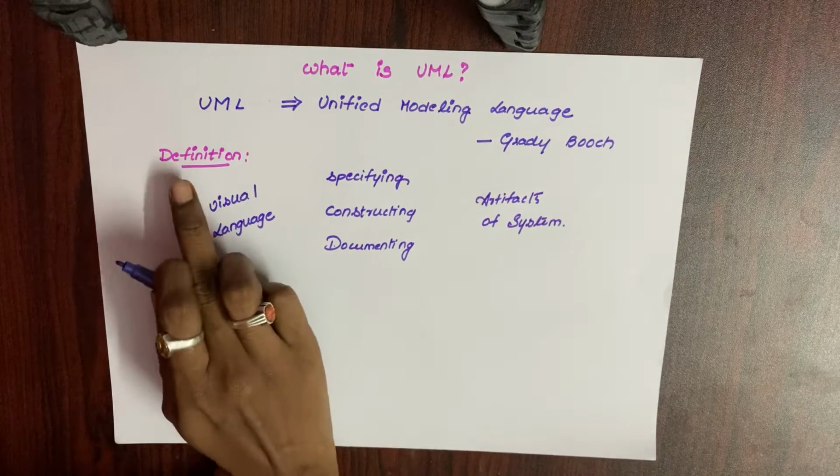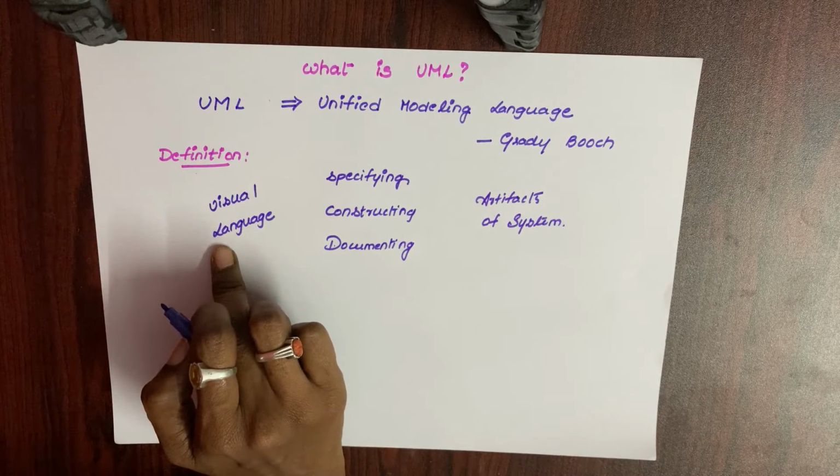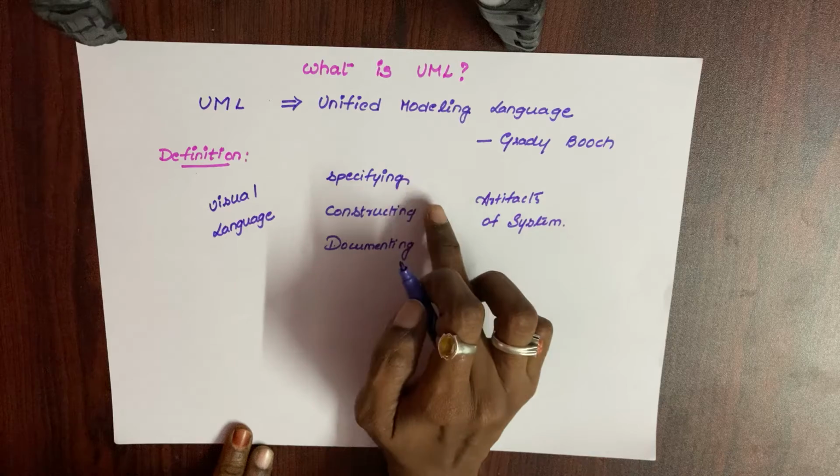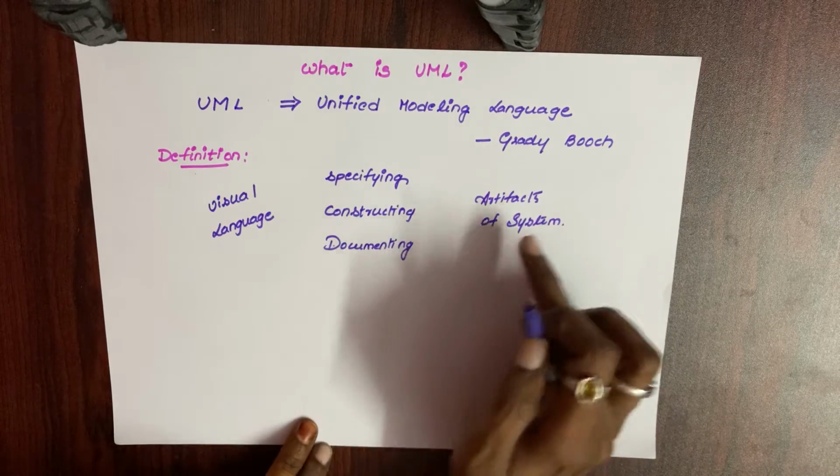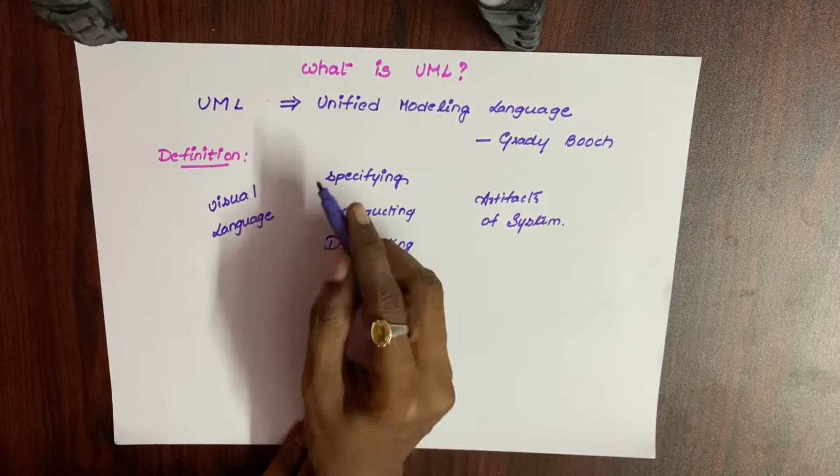Means UML is a visual language which defines the specifying, constructing, documenting the artifacts of the system.